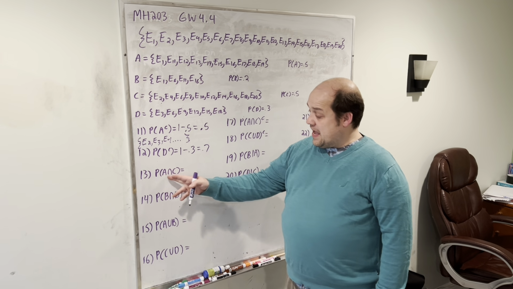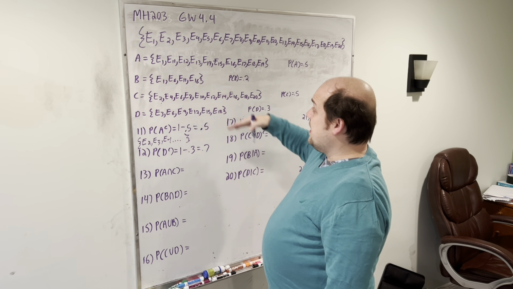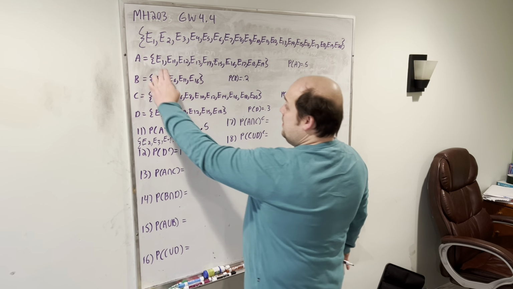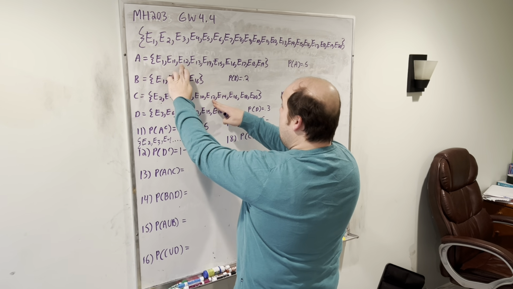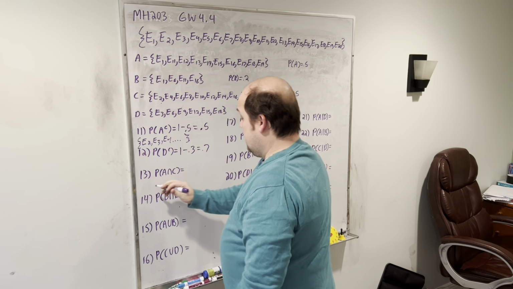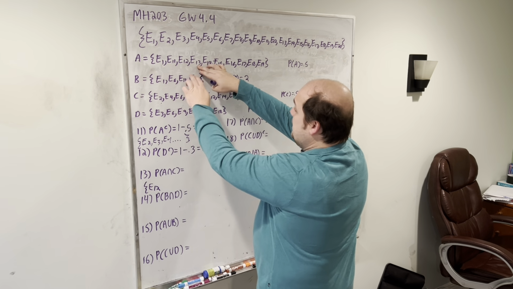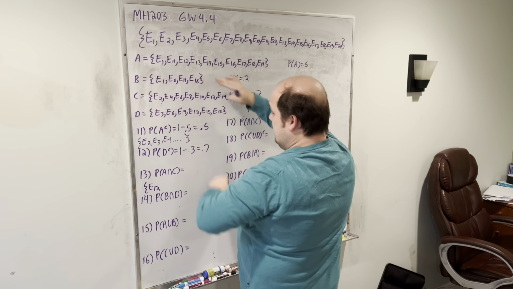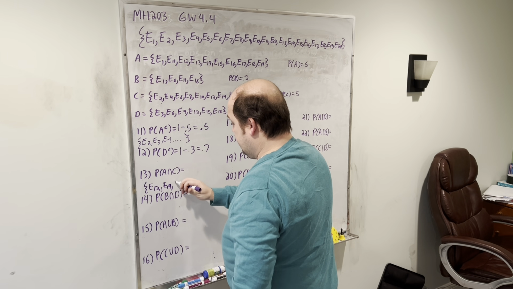So when I'm doing A intersect C, I'm looking at set A and set C and saying, what's the same? E1's not in C, E11's not in C, E12 is. That's the first thing that's in the intersection set. As I move across, E13's not here, but E14 is. E15's not, but E16 is.